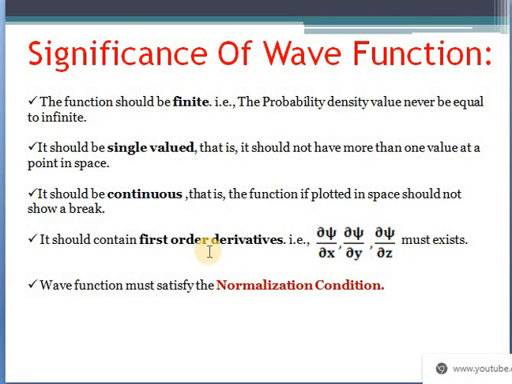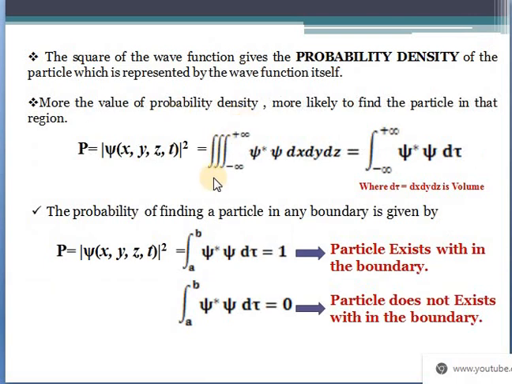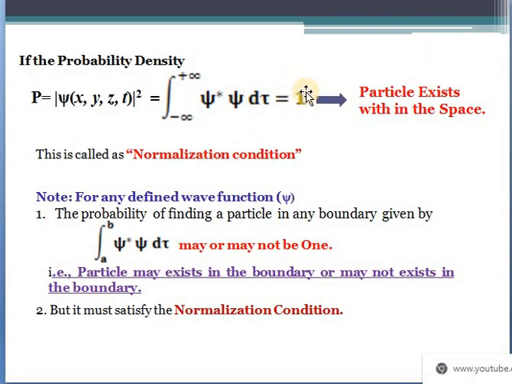And the first order derivatives of psi must exist. If you have defined psi as some complex function and it does not have first order derivatives, then it is useless. And most important, it must satisfy the normalization condition. Normalization means you take that psi and place it in the integral from minus infinity to plus infinity of psi star psi d tau, and you must get the value 1.